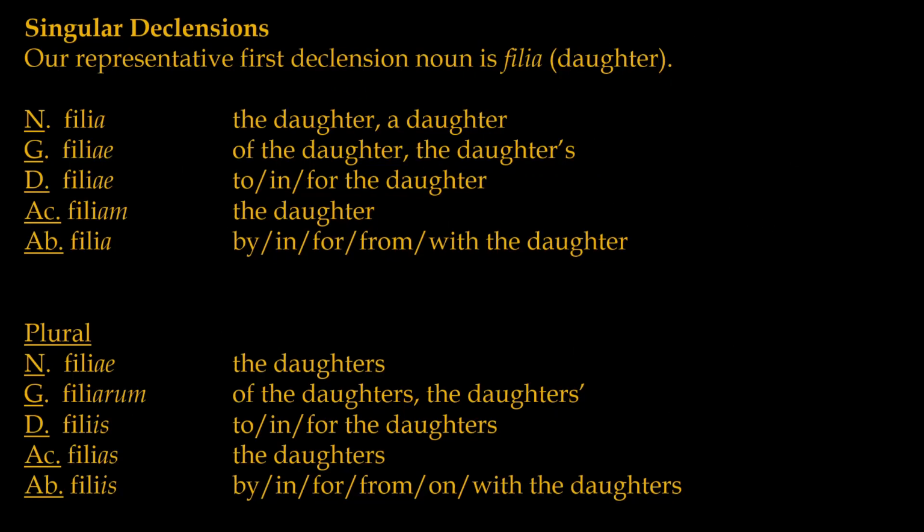So the nominative plural, filiae, the genitive, filiarum, dative, filiis, accusative, filias, ablative, filiis, right? And in a previous video, we talked about what each of these cases means: nominative, genitive, dative, accusative, ablative.